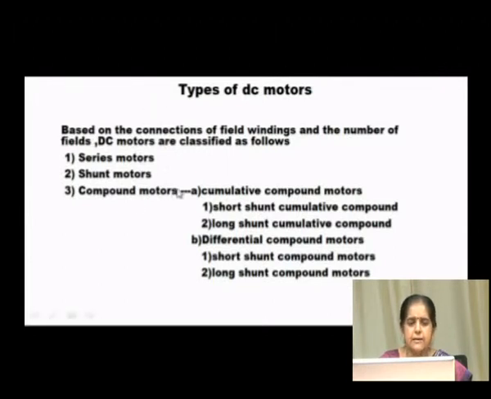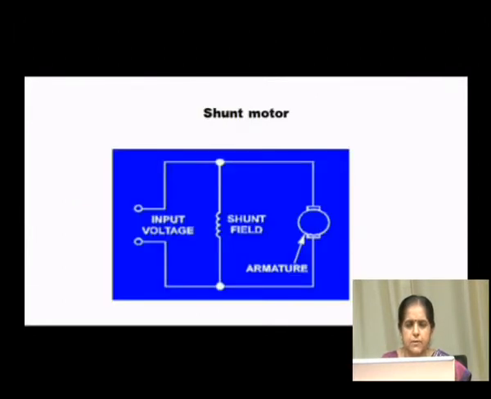Again, the compound motors are classified into cumulative compound and differential compound motors. The cumulative compound motors are subclassified into short shunt and long shunt cumulative compound motors. In the same way, the differential compound motors are also classified into short shunt and long shunt compound motors. This diagram shows a shunt motor.